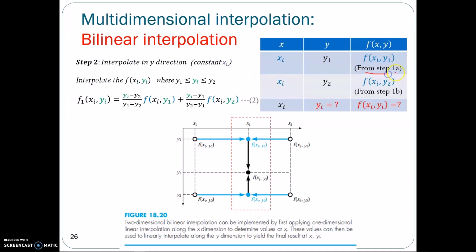From step 1a and step 1b, you should be able to obtain the function at xi, y1, and y2, which is located at these 2 points. Now we take the xi to be constant, and then we interpolate from the y1 to y2. By using these 2 points, we can use the equation 2, which is the linear interpolation, to find the fxi, yi at this point.